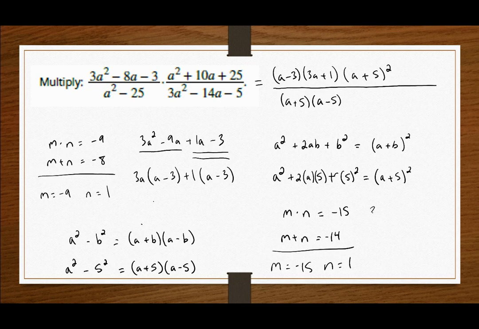If we re-express the middle term, -14a, as -15a plus 1a, we can start using our factoring by grouping technique to finish this off. We can identify 3a as the GCF for the first pair of terms, leaving me with the binomial a minus 5. And just like before, we end up with another a minus 5. And so our factor for that last denominator is going to be a minus 5 times 3a plus 1.